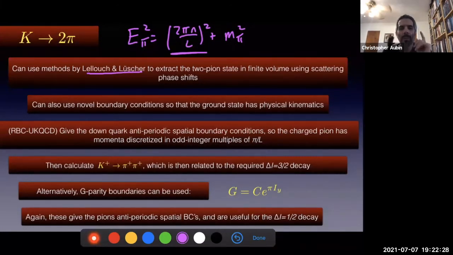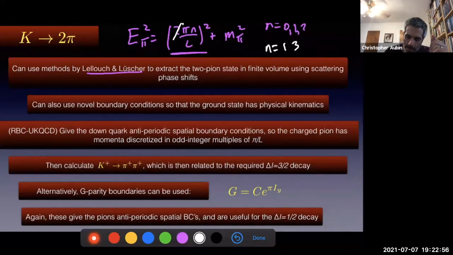But what if we just give the down quark a different boundary condition? If you do that, the charged pion will have momenta that are actually discretized in odd integer multiples of pi over L. So instead of 2 pi n over L, where n equals 0, 1, 2, you'd get no 2 there, and n would have to equal 1, 3, 5, and so forth.